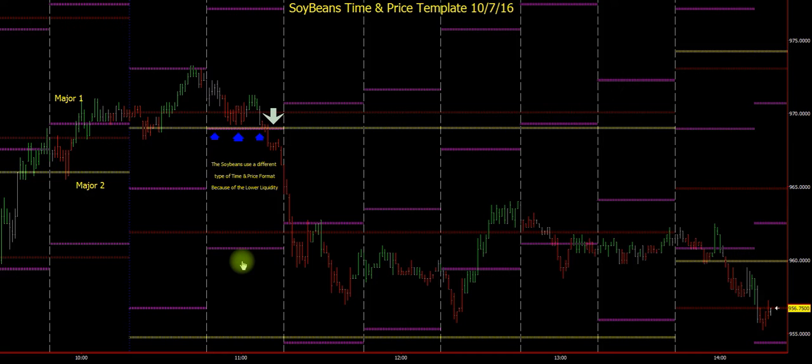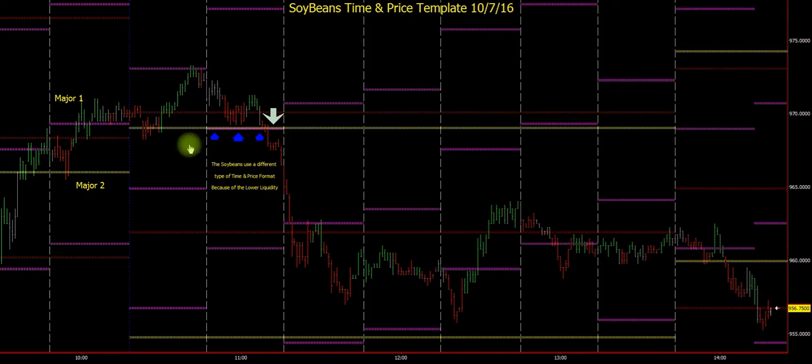So what I want you to notice here is what I have written up here. The soybeans use a different type of time and price format because of the lower liquidity. And what you are looking for here, first of all, is that the time windows, which are these dotted lines, are a lot shorter than they are for the ES or crude or T-bonds or the Bund or any number of highly liquid trading vehicles.